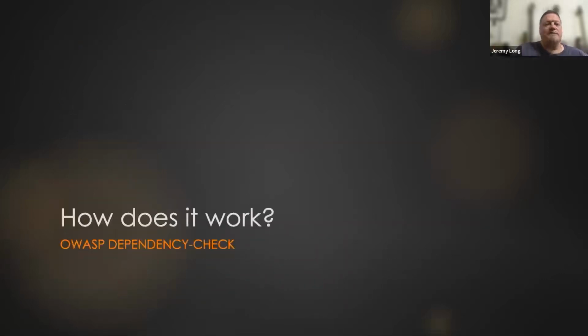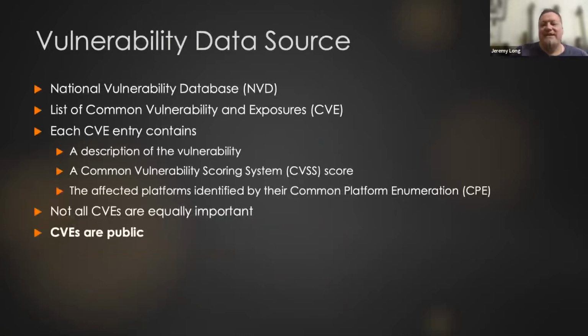So a little bit about how dependency check works. The first thing to know is, going back to that National Vulnerability Database and the data source. For those that don't know, the NVD contains a list of common vulnerability and exposures known as CVEs.